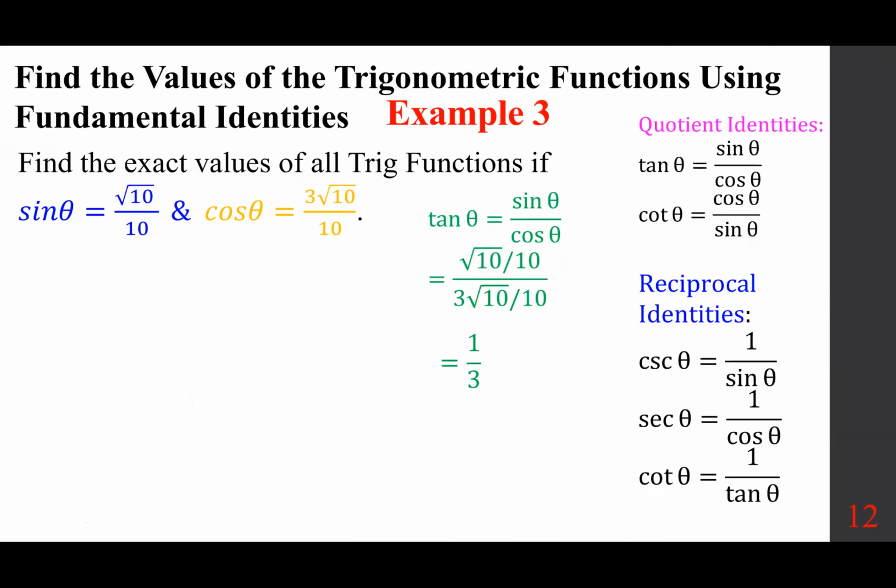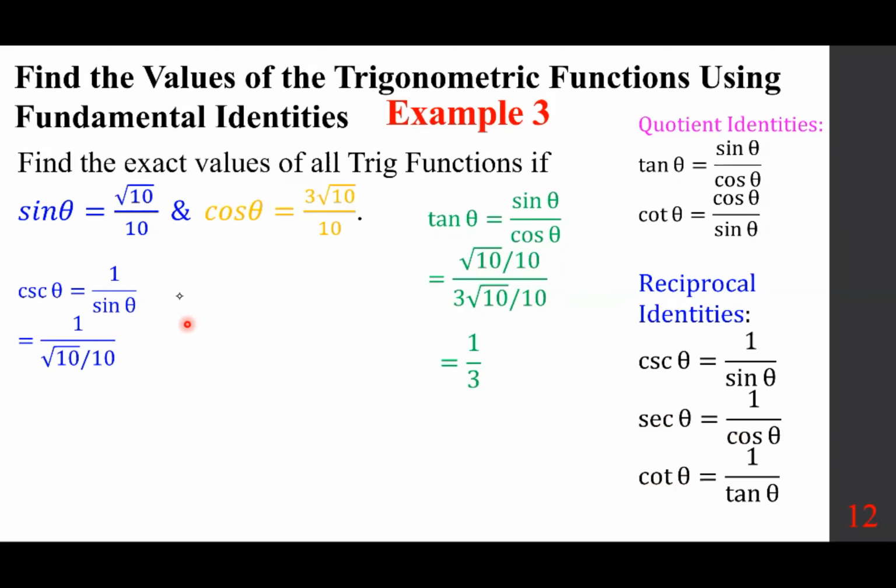Now, the reciprocal of this is cosecant. Reciprocal of this is secant. Reciprocal of this is cotangent. So let's do this pretty fast. Cosecant is 1 over sine, so 1 over this.